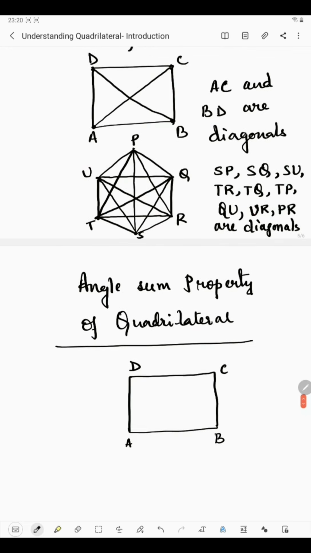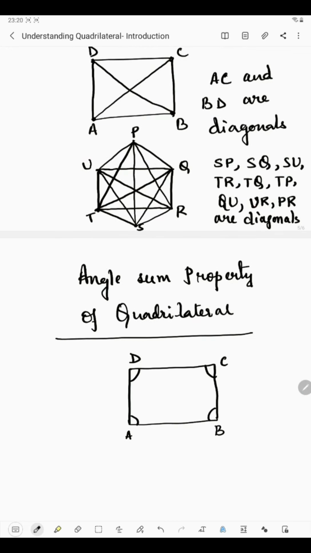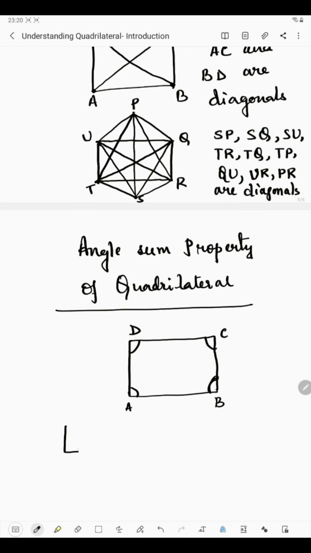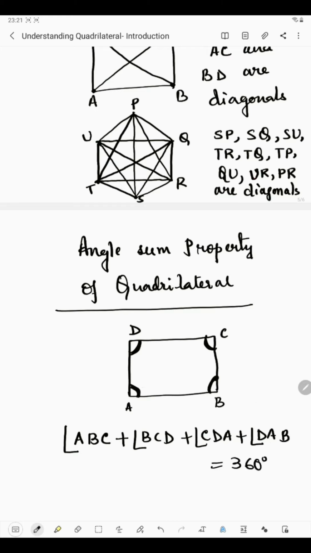Similarly, whatever the quadrilateral, when you add all the angles of a quadrilateral, you will get 360 degrees. Angle ABC means angle B, BCD means angle C, CDA means angle D, and DAB means angle A, and the sum is always equal to 360 degrees. So the sum of all the angles of a quadrilateral is 360 degrees.